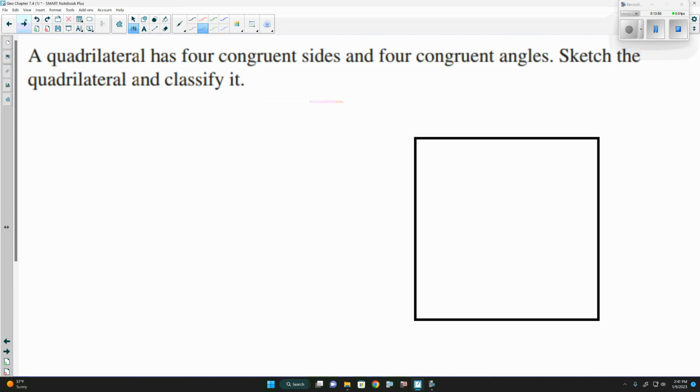A quadrilateral has four congruent sides and four congruent angles. Classify it. So what would this be? Four congruent sides and four congruent angles would be a square. Yes.